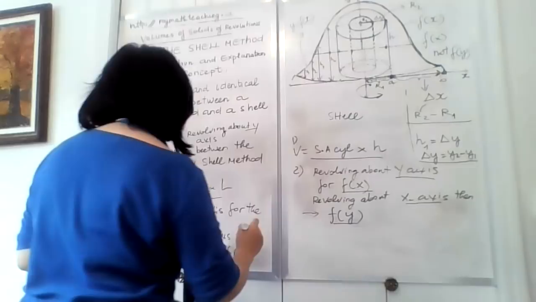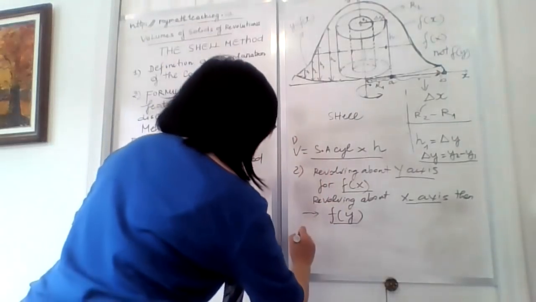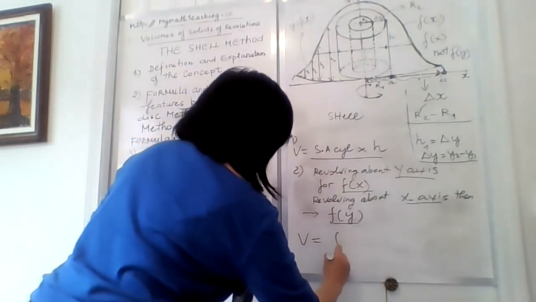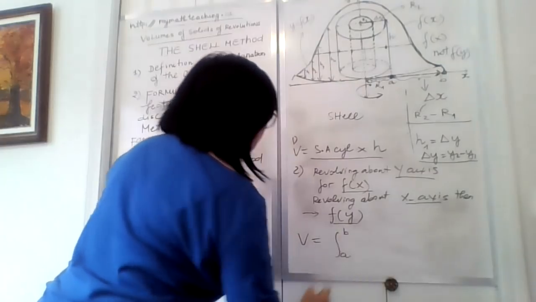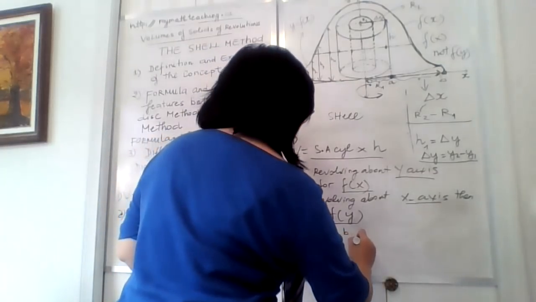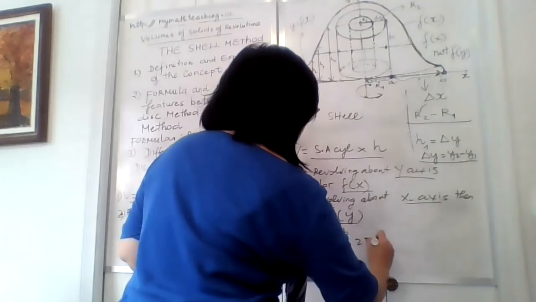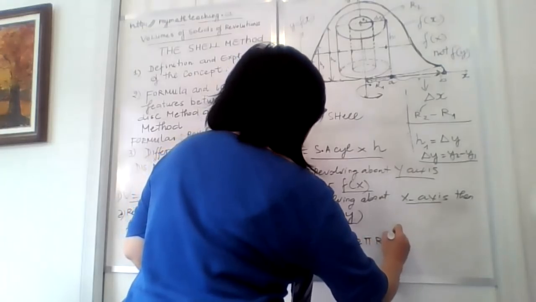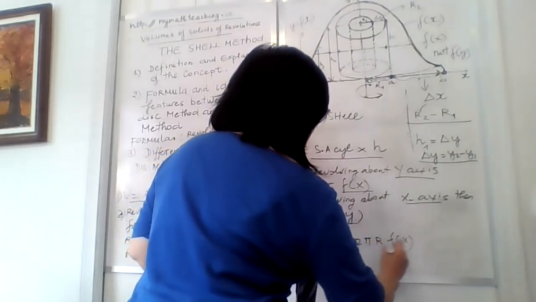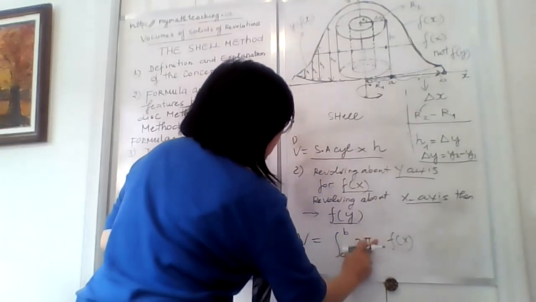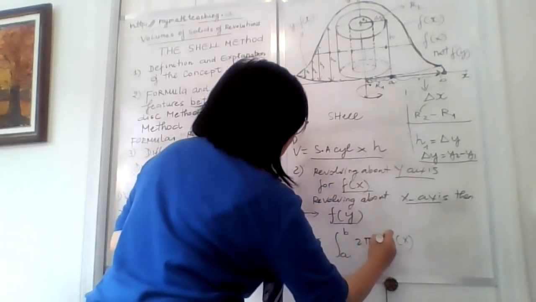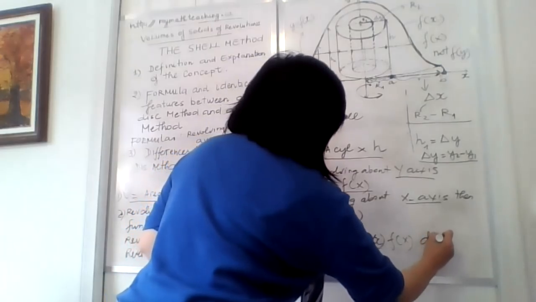Now let's talk about the formula. So the formula for the shell volume will be equal integral from A to B of 2 pi r times f of x. I'm just replacing this with 2 pi x, okay, times f of x dx.